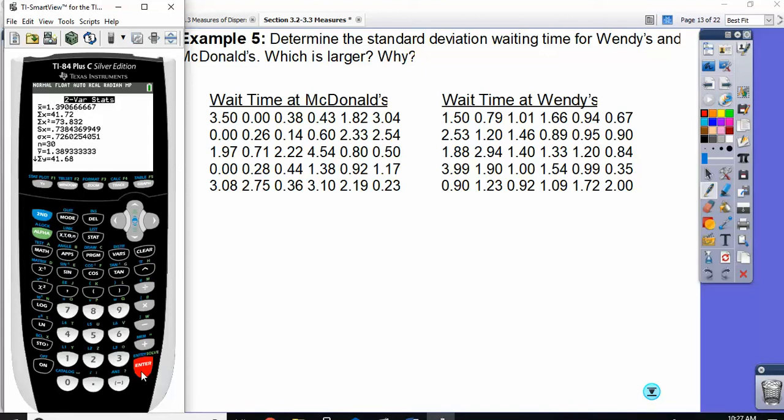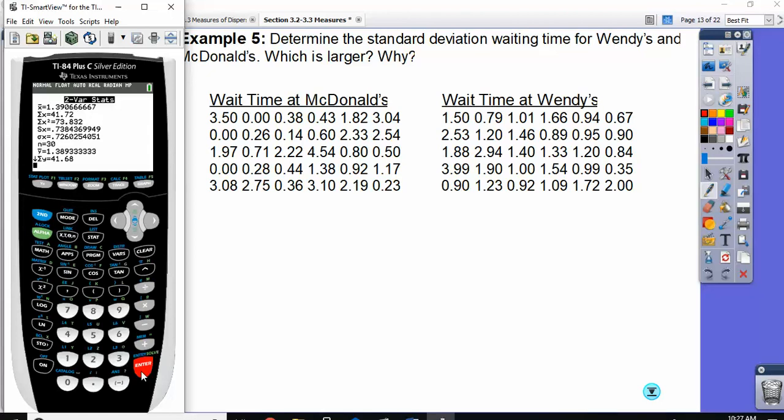So the standard deviation for the first group, what do you guys have? It's that S sub x on there. 0.7384. Oh, I flipped the order of my charts on this slide, didn't I? Sorry about that. On the last one, I did Wendy's on the left. This one, I switched it to the right.